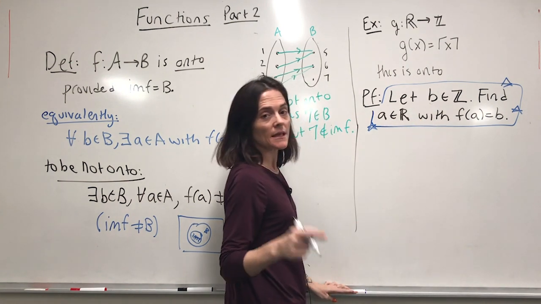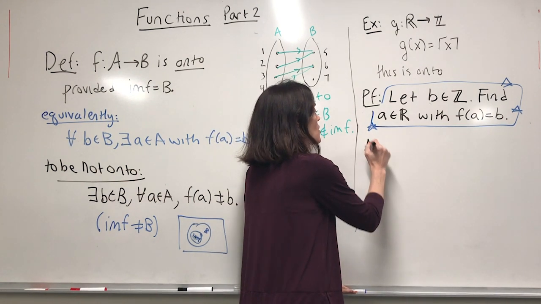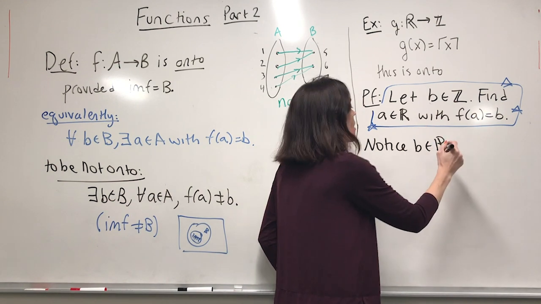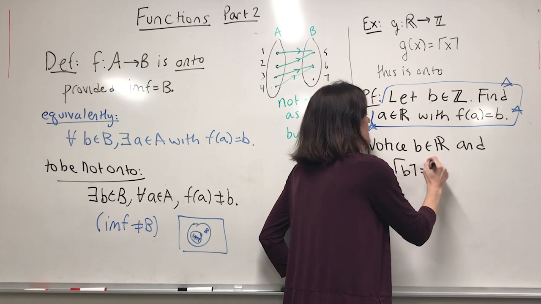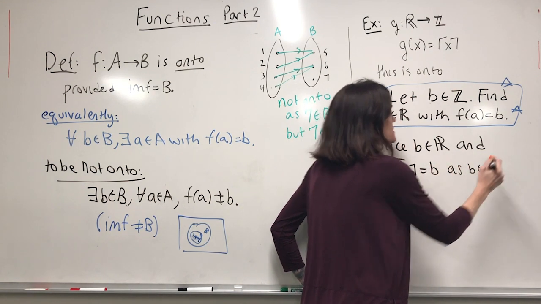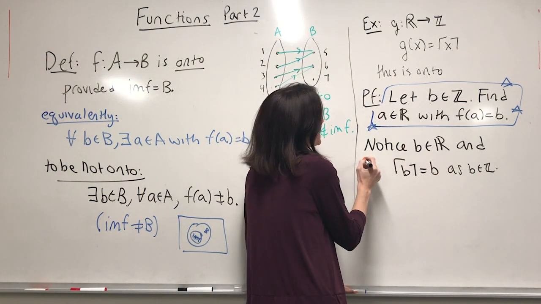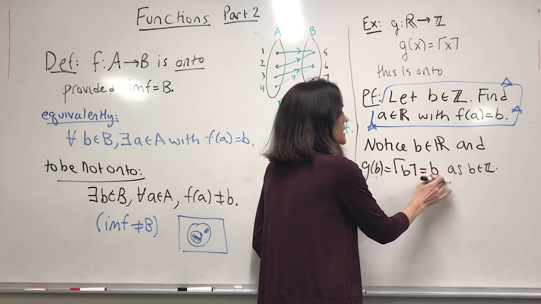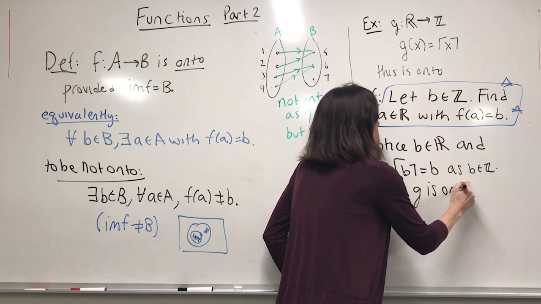In particular, B itself is an element of R. So we can say, notice that B itself is an element of R, and if you take the ceiling of something that's already an integer, you get the same integer, because that's the way the ceiling works. So we have g of B equals B, thus g is onto.